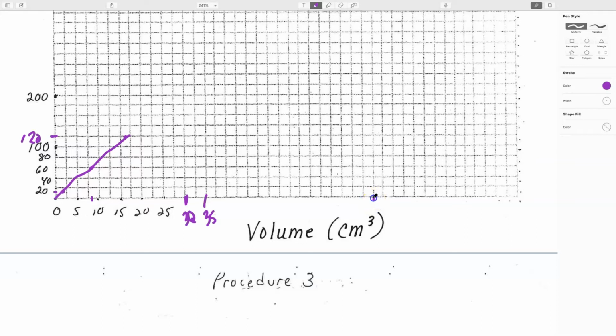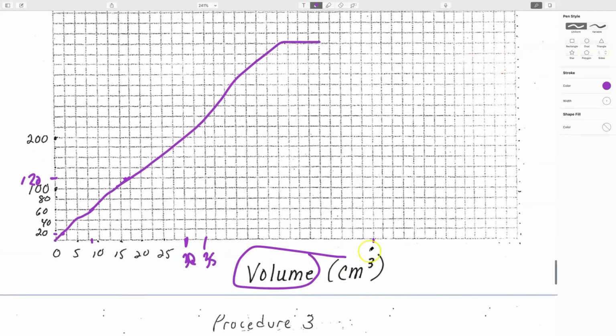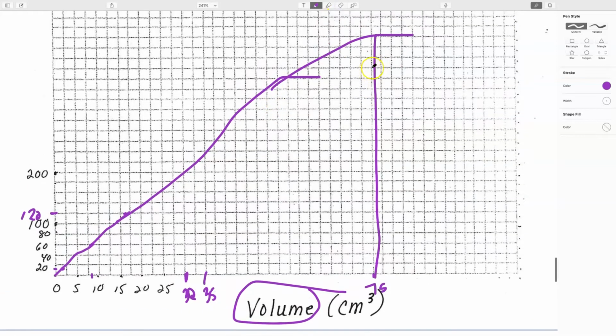We start from the volume, which is down at the x-axis, and now you've created a graph. By doing those other points, you should have a line going straight across the graph. At that point, you go to that 75 for that volume, whatever they tell you to go to, and you go straight up on that line until you hit the line that you created. Once you hit that, you come out to the left and you have a mass. It helps to have your axes actually labeled before doing this.